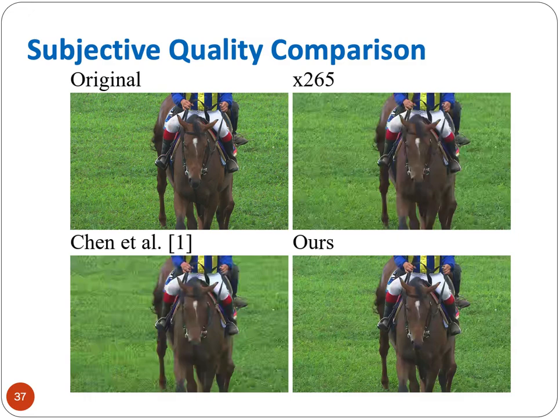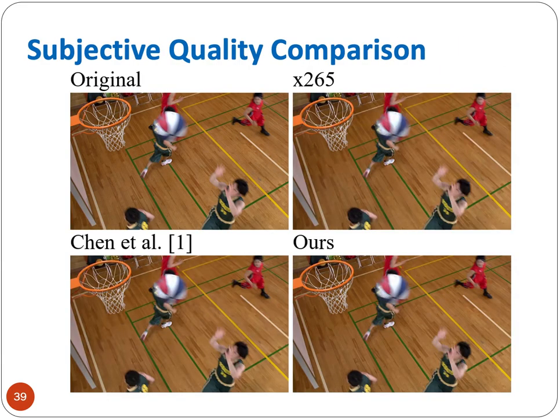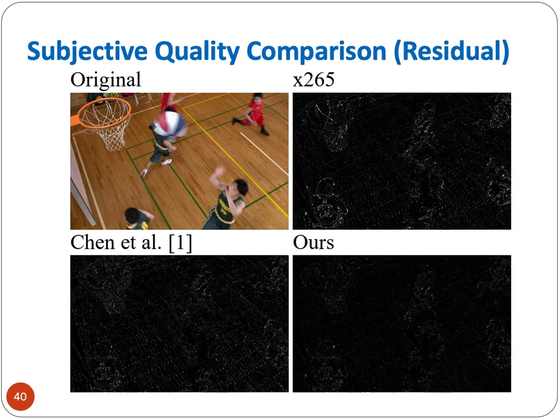This slide shows subjective quality comparison. As you can see, our scheme has the lowest residual compared with the other methods. And this is another example. As you can see, our model still shows the smallest residual signal.